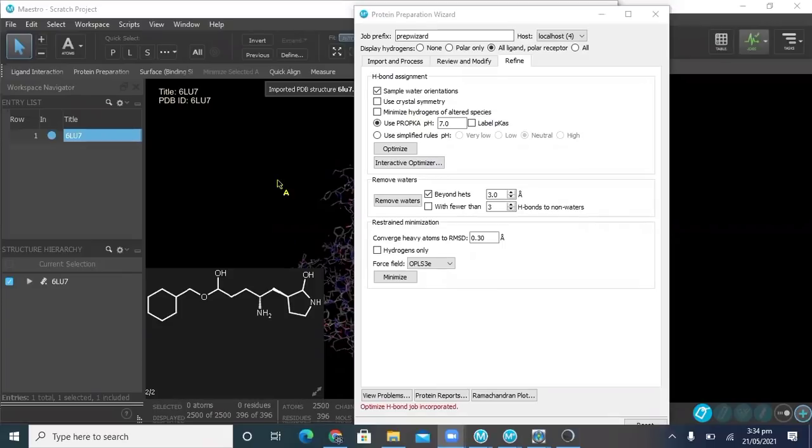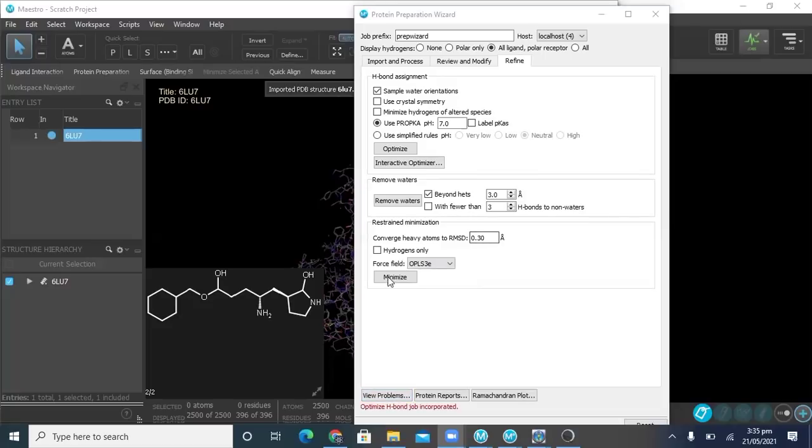So you can understand how much time it can take for even 10 to 20 nanoseconds. It should be performed on GPU and graphics card systems, so you can get your results as soon as possible, in 10 to 12 hours for a 100 nanosecond simulation. So optimization has been completed.